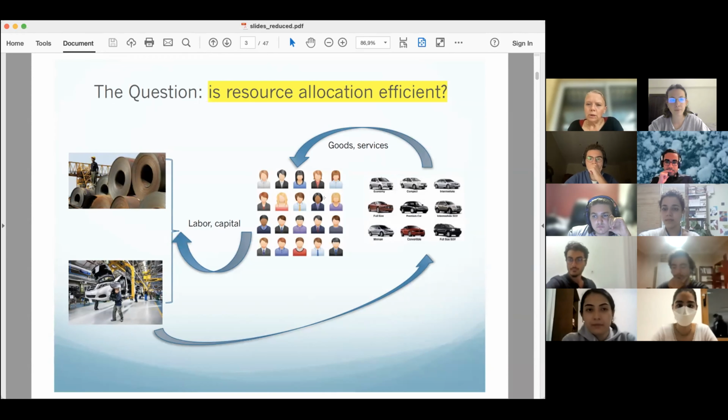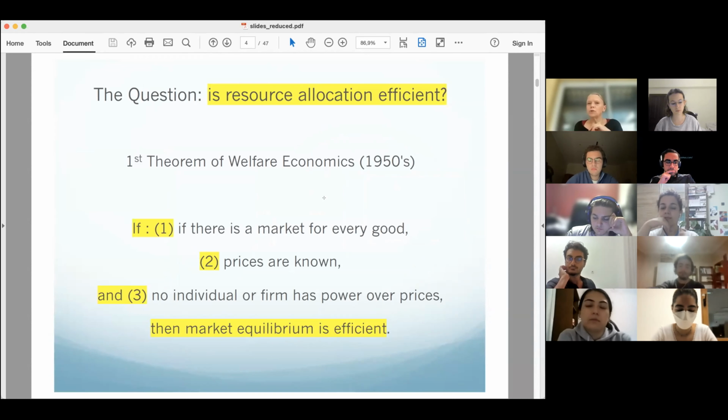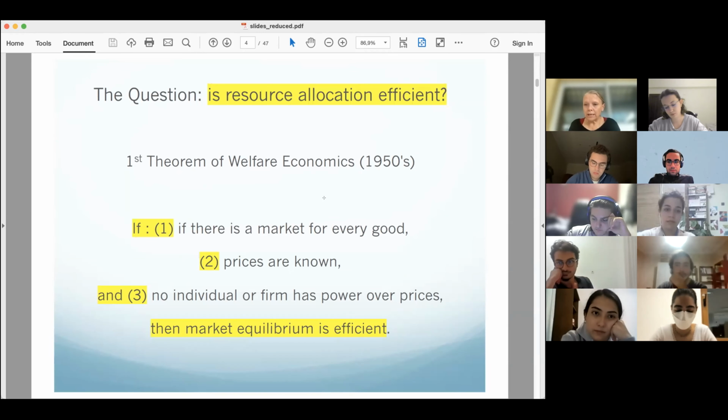What you probably also know is what is called the first theorem of welfare economics, sometimes also known as the invisible hand theorem. This theorem is extremely useful because it identifies a number of sufficient conditions for the resource allocation that comes out of a decentralized process to be efficient.